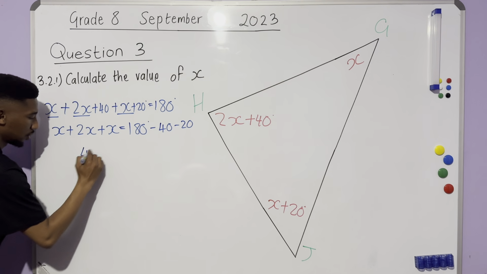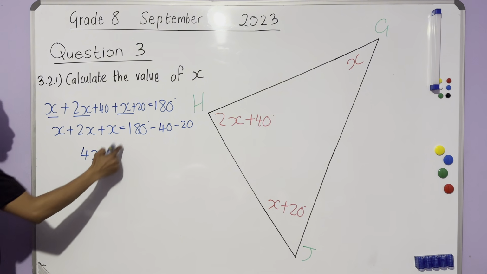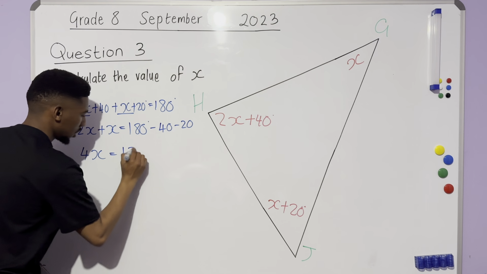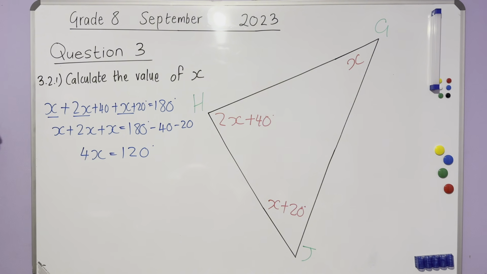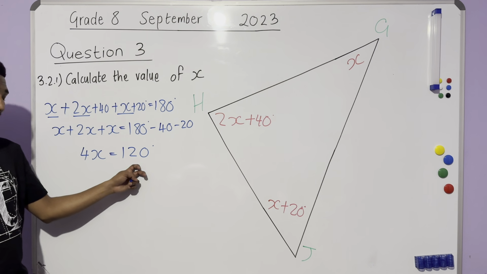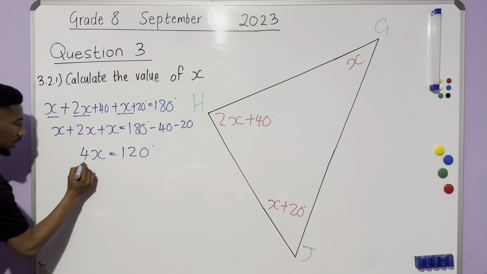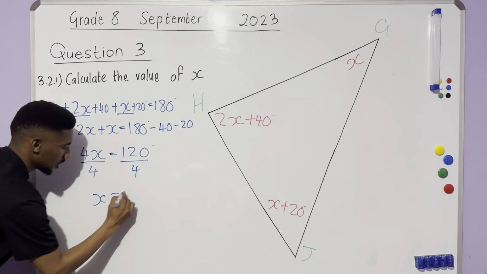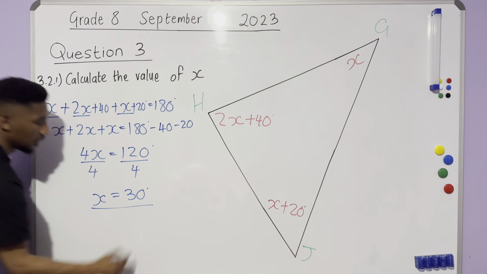This becomes 4x, and 180 minus 40 is 140, minus 20 is 120 degrees. So 4x equals 120 degrees. Then we divide by 4, x is equal to 30 degrees.